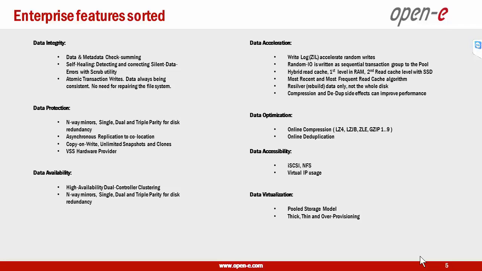Also, you can replace a node while in production, or you can make some maintenance reconfiguration while in production. Disk redundancy is also connected to data availability, so everything is repeated here, but we were discussing this already.